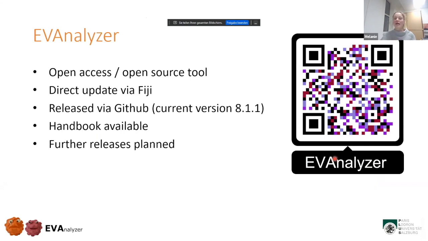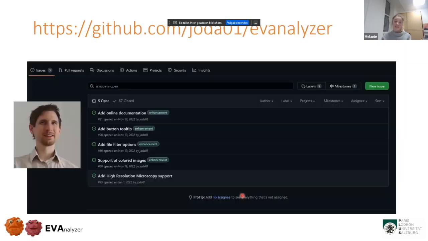So summed up, EVAnalyzer is an open access and open source tool, and it's directly updated via Fiji. It's released via GitHub. So here is the link to GitHub, and there you can find everything. You can find the handbook and also all the releases.